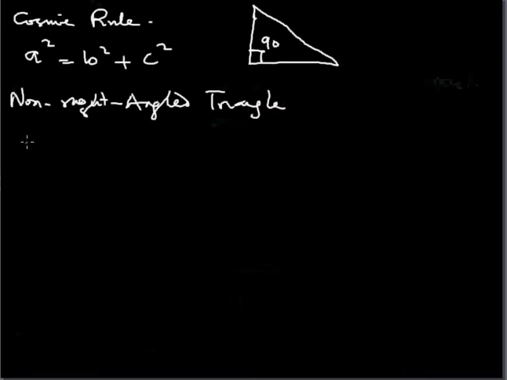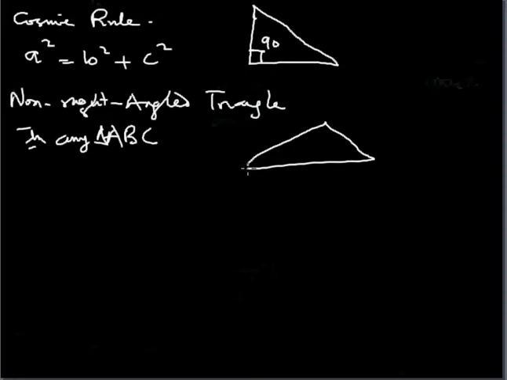So in any triangle ABC, such as this non-right angle triangle, remember, you can also use a sine rule in this kind of triangle.